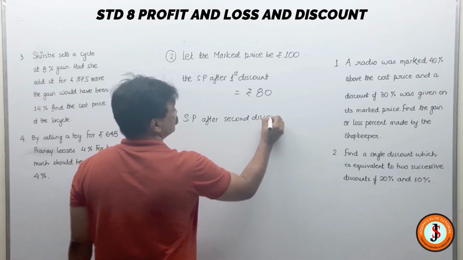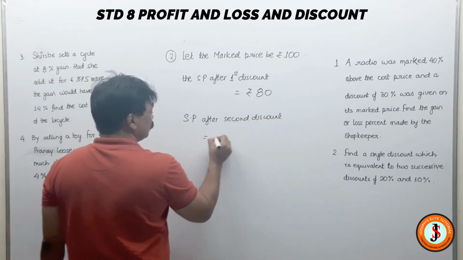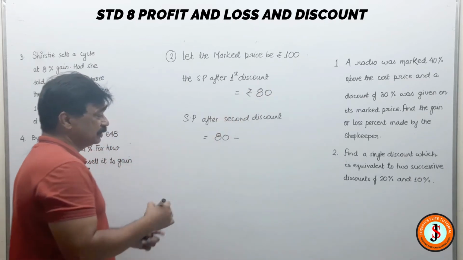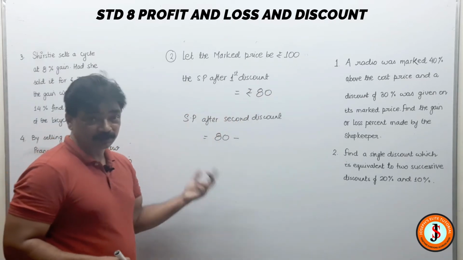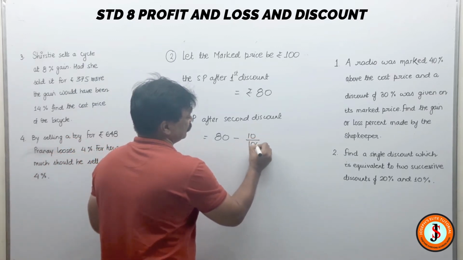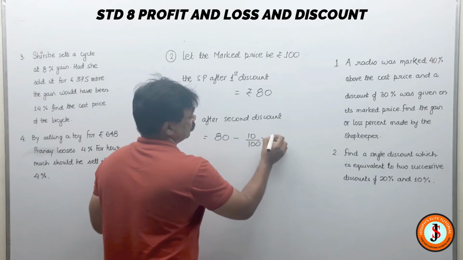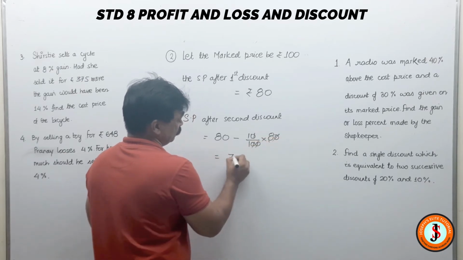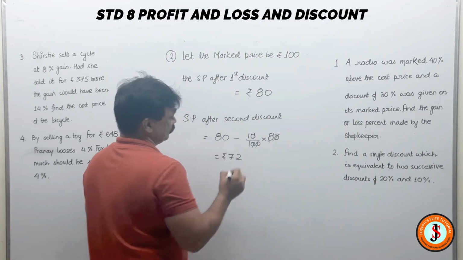The successive discount means now the discount will be given by 10%. That means the next discount is on the reduced price. So now the reduced price is 80. So 10% of 80 is 8 rupees. So now selling price is 72.